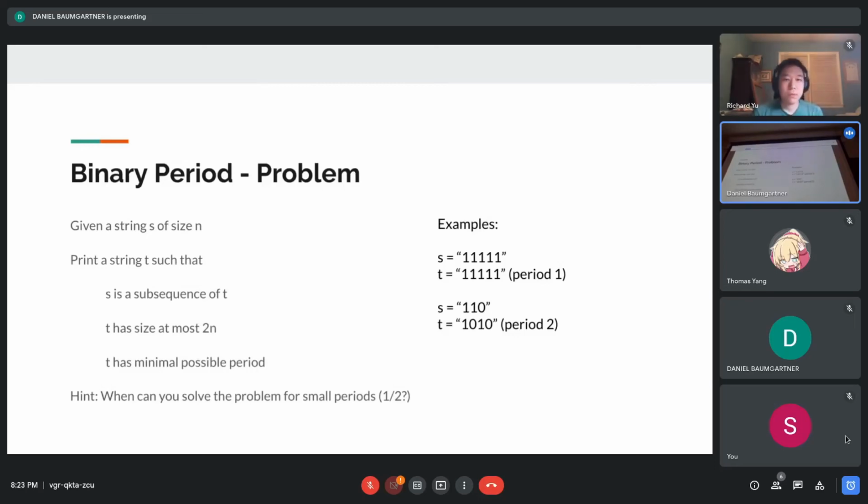The second one is that the string we're constructing is at most twice as long as the original. And the third is that we are minimizing the possible period of t, which it has to be periodic. I will let people think on this.